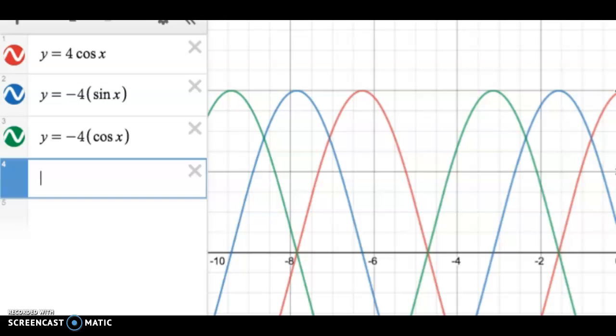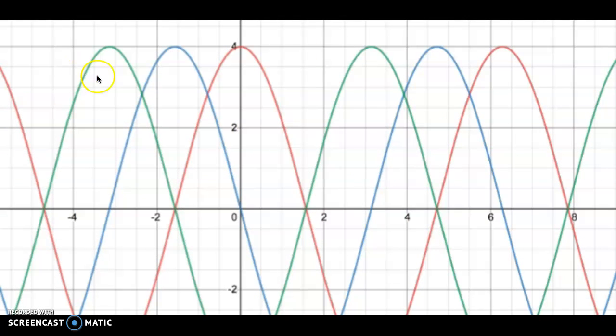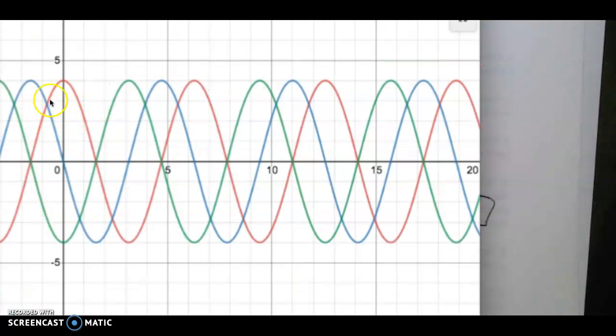And so what we can see is when we follow the red, at time 0, it's pulled 4 centimeters from its equilibrium position.